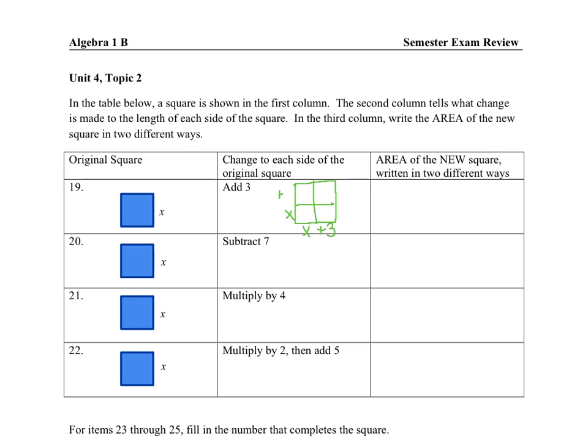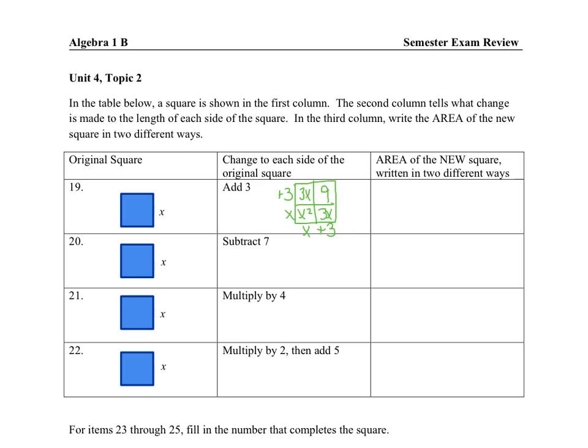Because it's a square, we have to do it on both sides. Well, x times 3, 3 times x, 3 times 3. That's what we're going to be doing. So x times x is x squared, 3 times x is 3x, 3 times x is 3x, and 3 times 3 is 9.